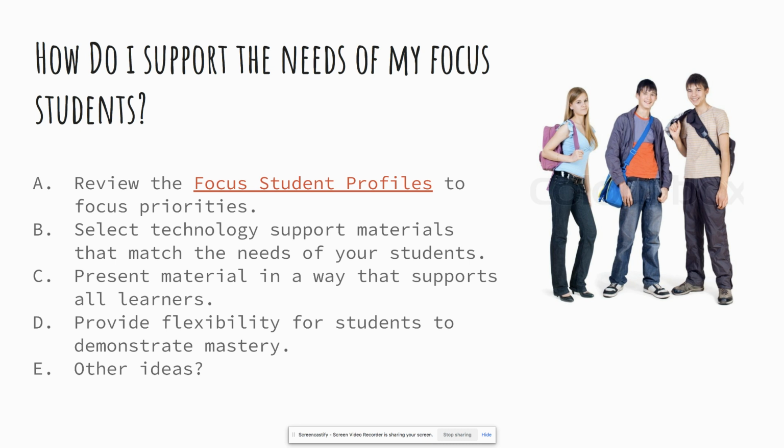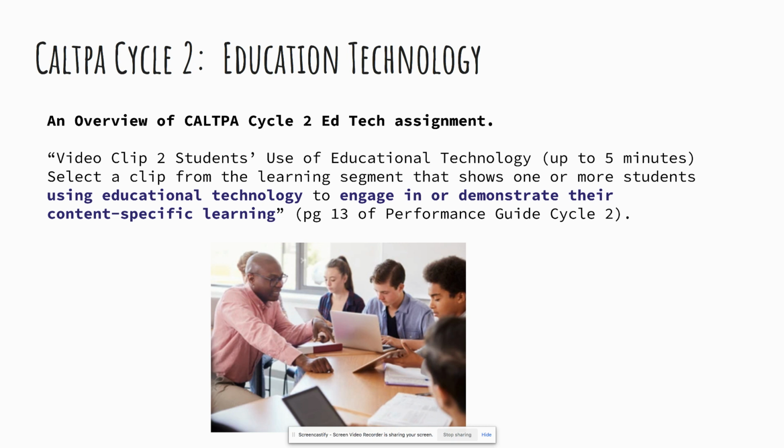All right, I've been talking about Cal TPA, and specifically in Cycle 2, you need to be aware that one of the rubrics will ask you about how you are using education technology to meet the needs and support and engage all learners with content-specific learning.